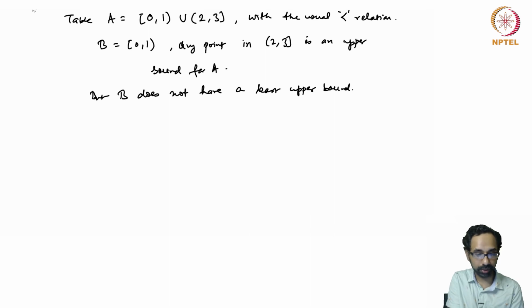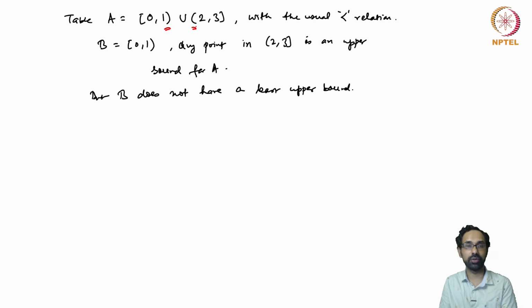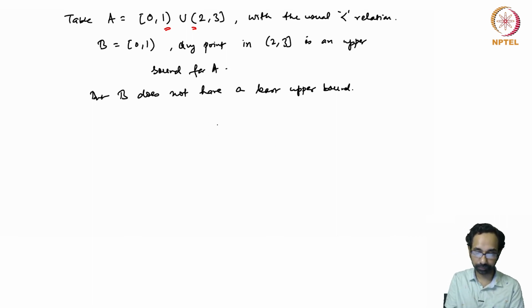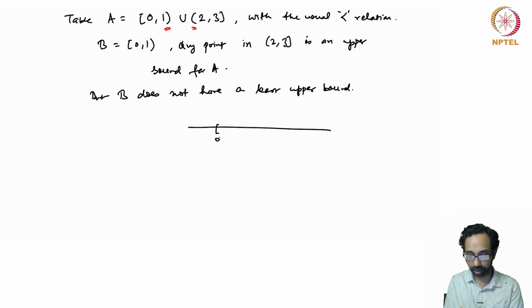Why? Precisely because we have left out the points 1 here and 2 here. So if you have the real line here and you have [0,1), so 1 is excluded, and then you have (2,3), 2 is excluded.